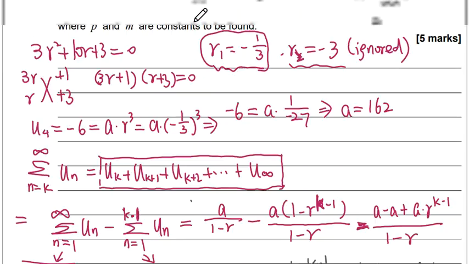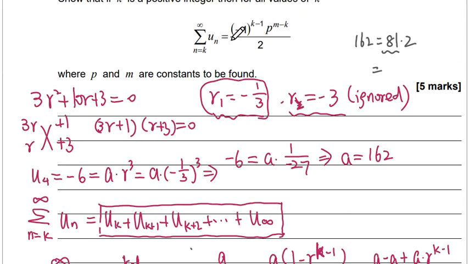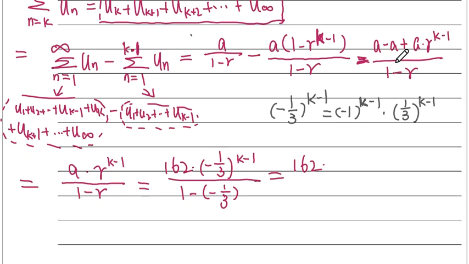Yes, because if you look at the final form of what we want to prove, it has this negative 1 to the power of k minus 1. I think we are really close to that, right? And now for this 1 over 3 to the power of k minus 1, I think we can rewrite it into something like this: 3 to the power of 1 minus k.